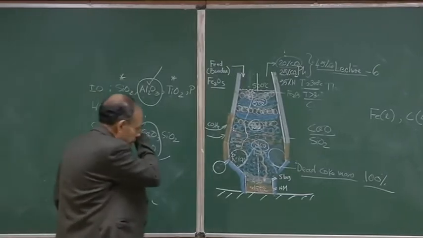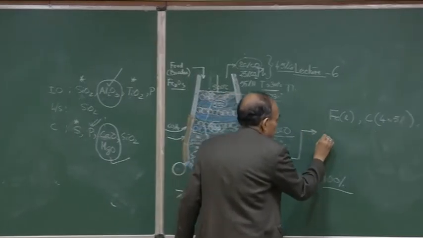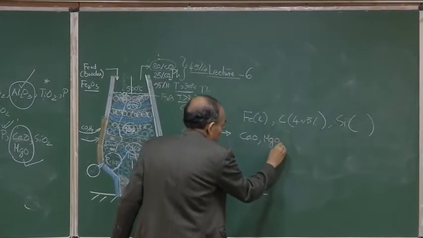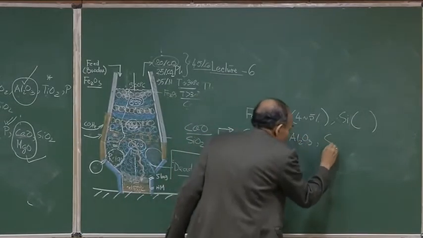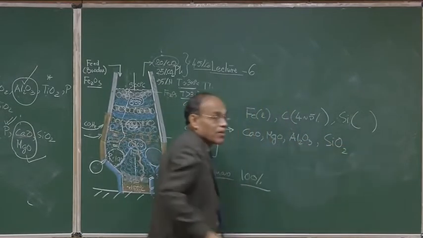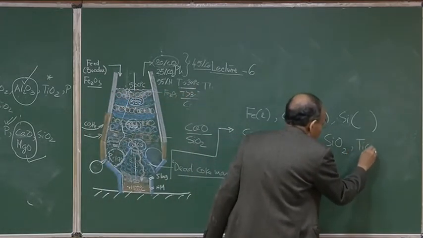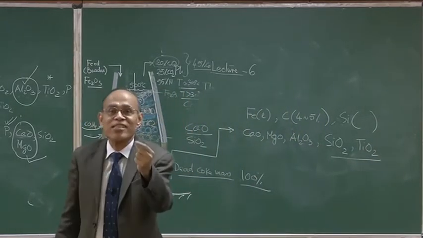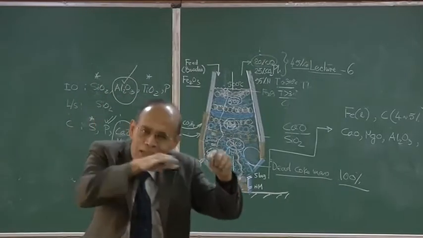So, the slag, for example, will contain, as I said, CaO, MgO for sure, and Al2O3, which do not undergo reduction, and some SiO2 and some titanium dioxide also, because titanium dioxide and silicon dioxide, or silica, are those two oxides in blast furnaces which can partition, because the condition is borderline.